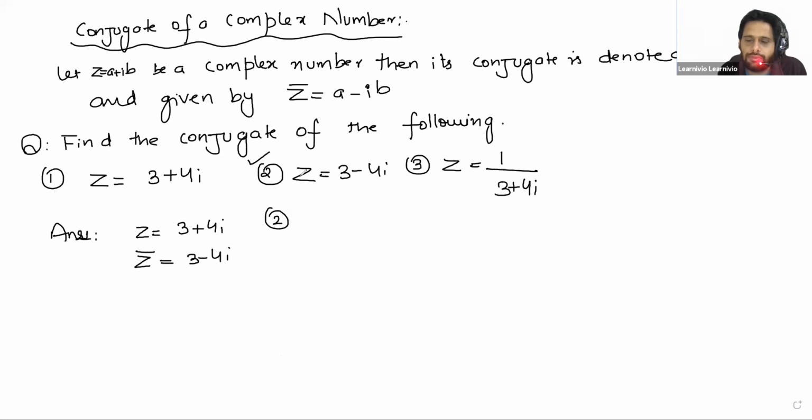Find the conjugate of this. Yusra, your answer is correct. It is already in the standard form, right? Okay. So z conjugate will be 3 plus 4 iota. Okay. Now please try to do the third part.